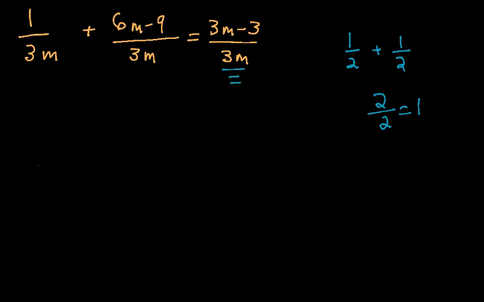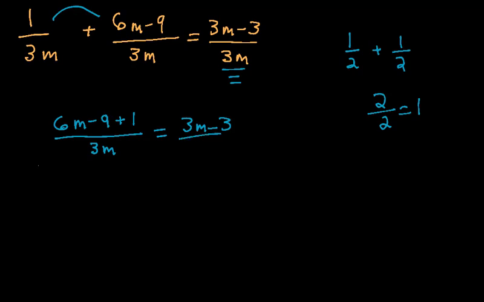So let's go ahead and add these. If we add the top between these two terms, this is going to come out to be 6m minus 9 plus 1, all over 3m, and it's still equivalent to 3m minus 3 over 3m.